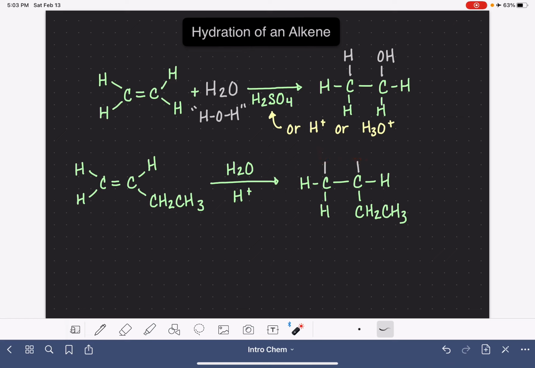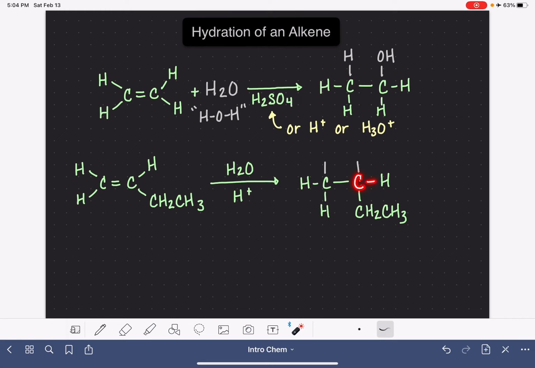If you watched the last video, you are already familiar with Markovnikov's rule. If you're not familiar with Markovnikov's rule, maybe back up and watch that video again. Markovnikov's rule says that the hydrogen atom will go onto the carbon that has the most bonds to hydrogen. This carbon atom has 2 bonds to hydrogen atoms.